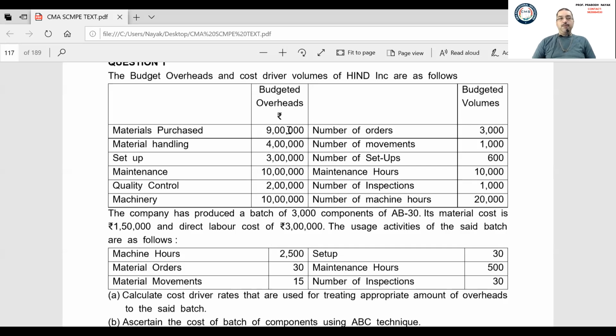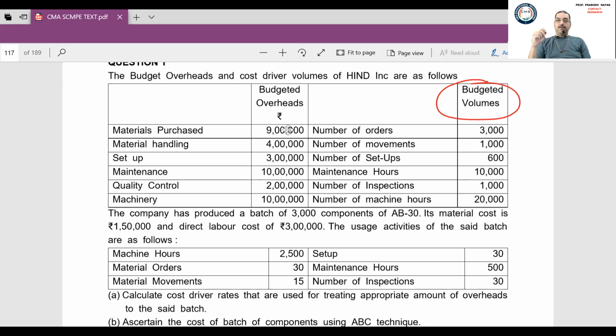Now in this particular problem, they have given one against the other. For every activity, they have given the respective cost driver. So material purchase activity, the cost driver is number of orders. Okay. Now these budgeted volumes are nothing but cost driver quantities.